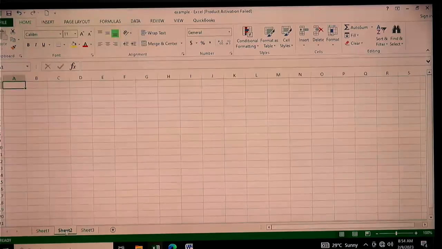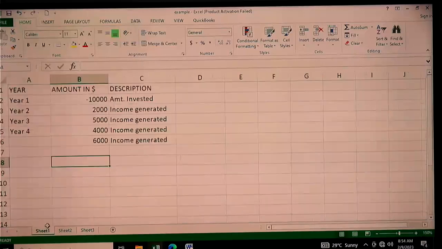You just need to do what? Just download this data into your worksheet. So I'm sending that worksheet there.